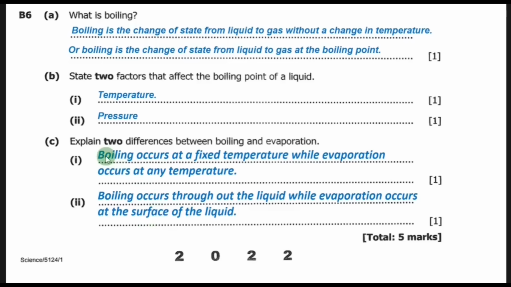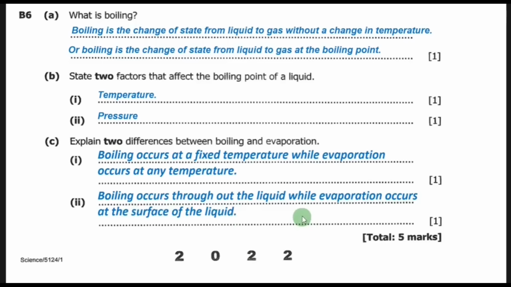So boiling will occur at a fixed temperature, like 100 degrees Celsius for water, but evaporation occurs at any temperature. Like in the morning, if you check the river, there's just evaporation going on. So those are the differences. Then boiling occurs throughout the liquid. When a liquid is boiling, you see bubbles inside the whole liquid. That's what boiling is. So boiling occurs throughout the liquid, while evaporation occurs at the surface of the liquid.